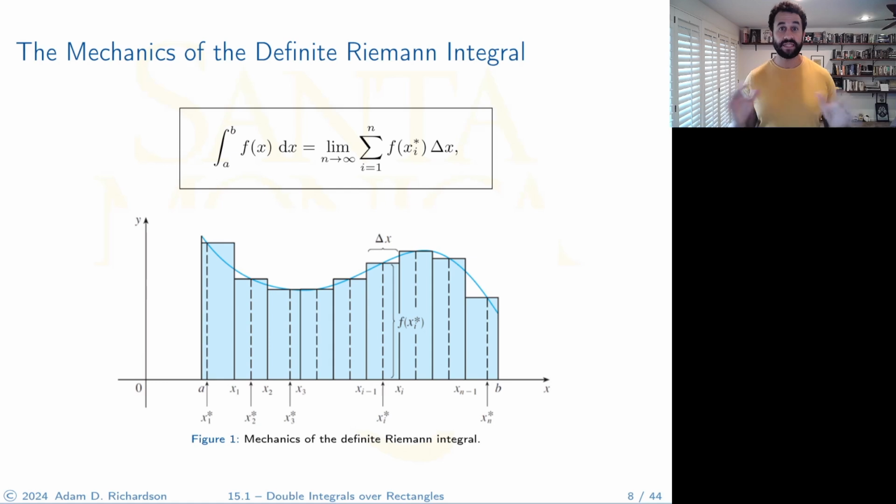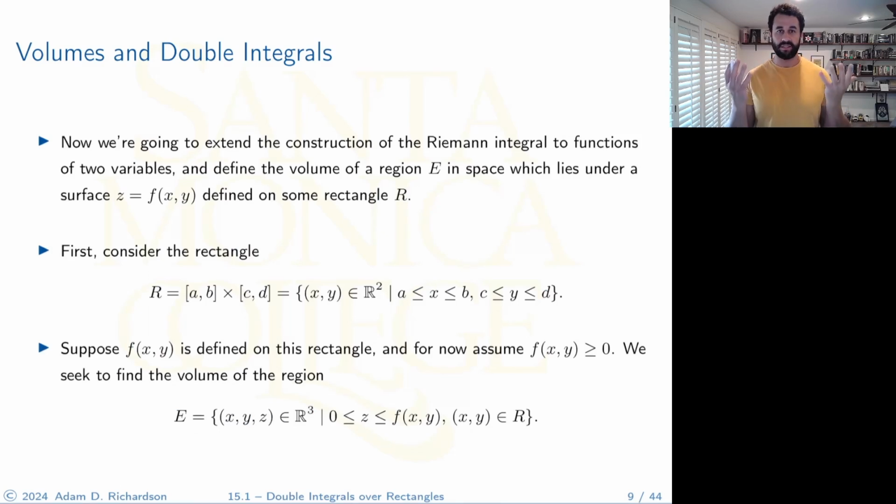And there it is. That's how the Riemann integral works for one-dimensional functions, or functions of a single variable. Now we want to generalize this and extend it to functions of multiple variables. We're going to start with functions of two variables. The way we're going to do this is to define the volume of a region E in space, which lies underneath a surface defined over some rectangle.